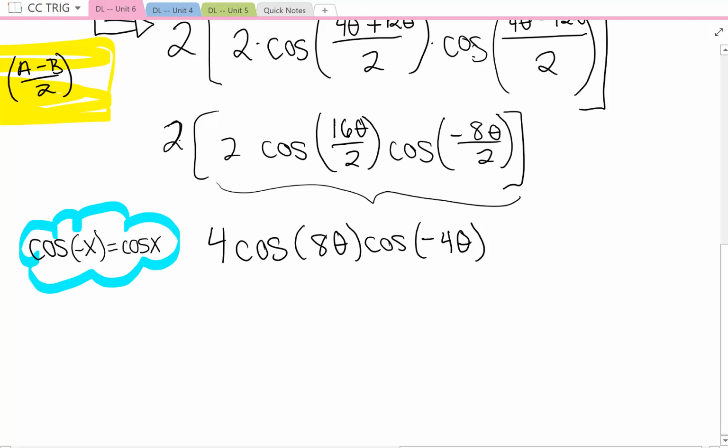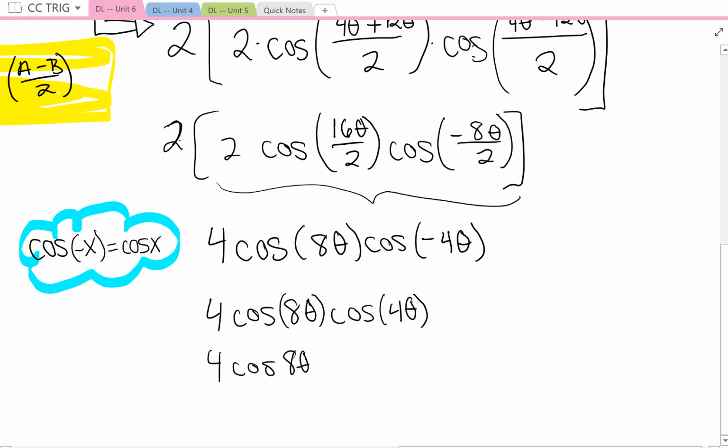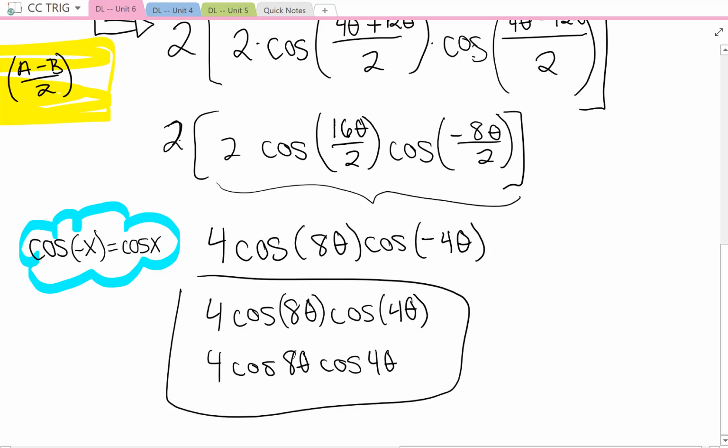Because cosine is an even function, cosine of a negative input is simply equal to cosine of its positive input. It does not change. So this would be 4 cosine 8 theta times cosine positive 4 theta. You can also write this without the parentheses. However, it's easier for you to understand.